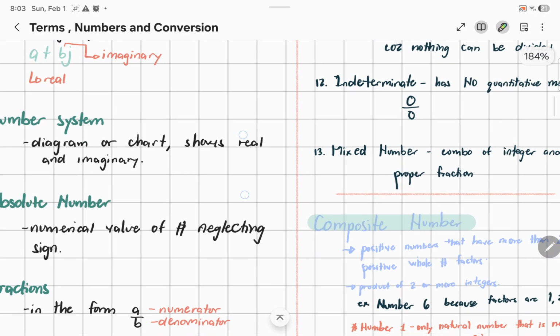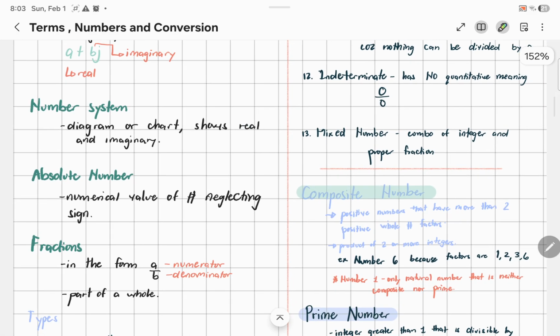Next, we have the number system. This is the diagram or chart that shows real and imaginary. When I say number system, that's just the diagram, okay?